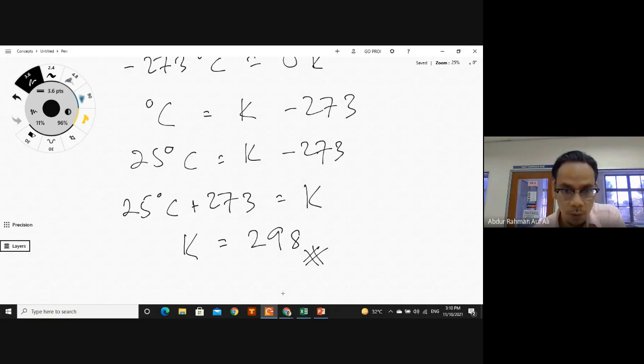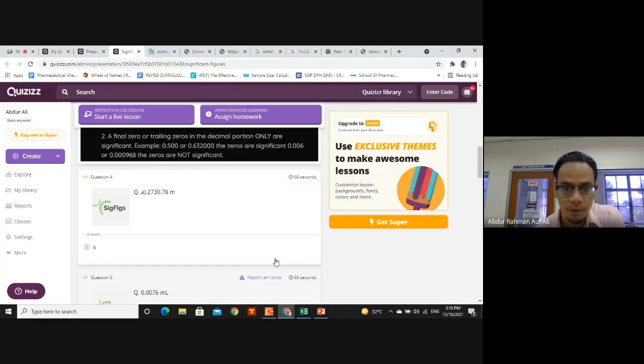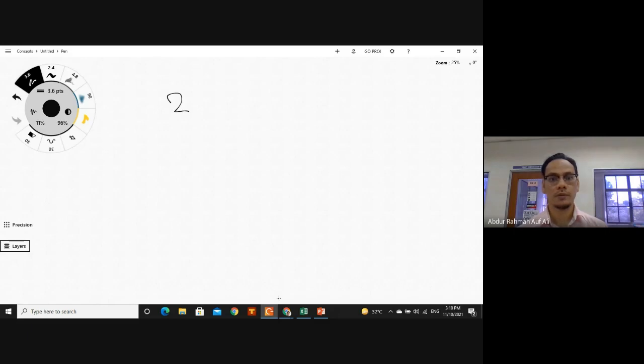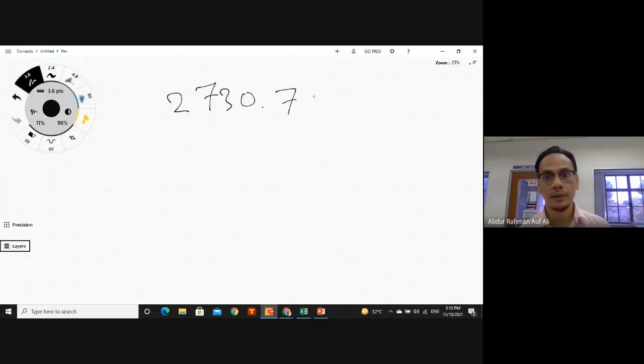So let's go over the values, the digit one by one. Oh my god, I forgot. 2730.78. Okay, jawapannya adalah 6 tadi kan, 6 significant figures.